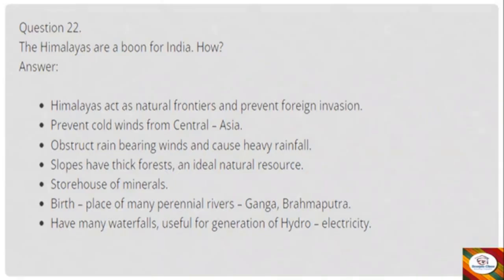It's a storehouse of minerals, the birthplace of many perennial rivers like Ganga and Brahmaputra. It has many waterfalls useful for generation of hydroelectricity. Okay, so these are the main points on why the Himalayas are a boon for India.